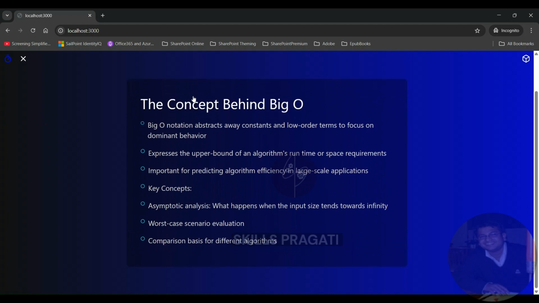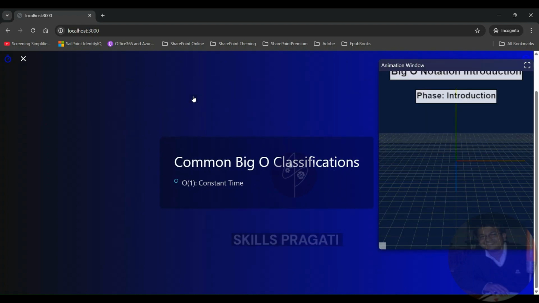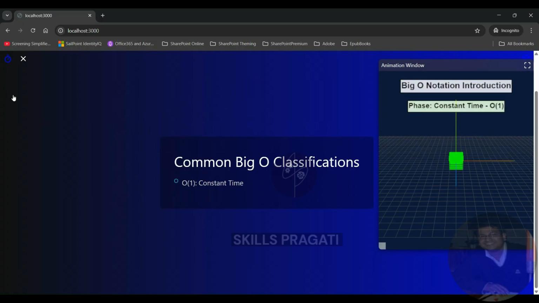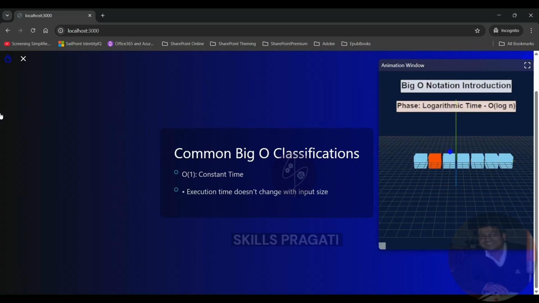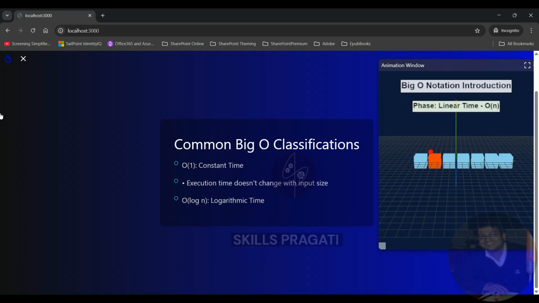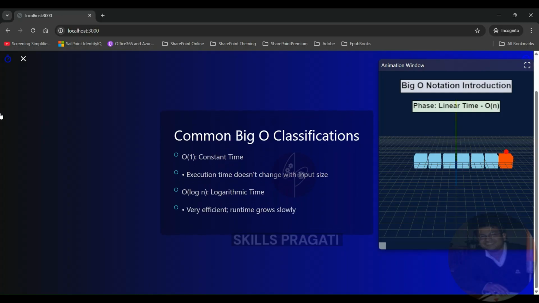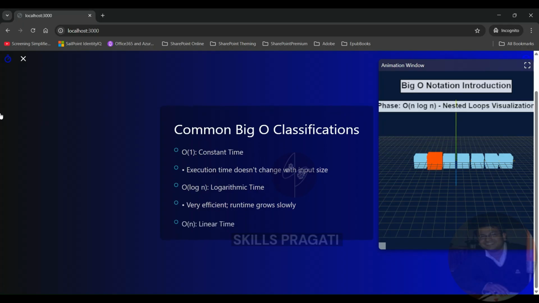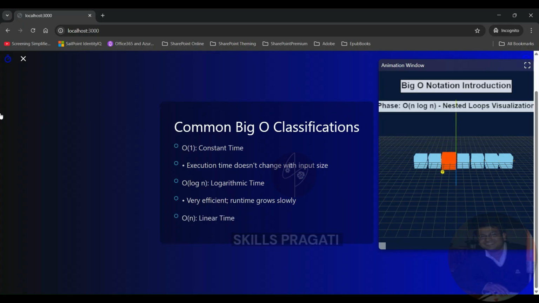Now, let's review some common classifications in Big O Notation. O(1), constant time. Here, the execution time remains unchanged regardless of the input size. O(log n), logarithmic time. Algorithms in this class are very efficient, as their runtime grows slowly even as the input increases. O(n), linear time.